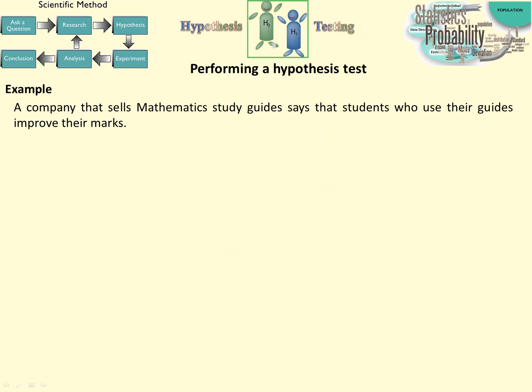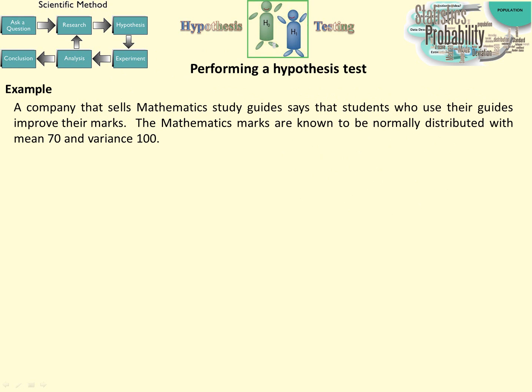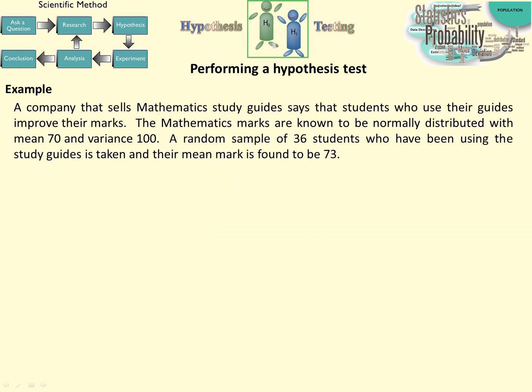A company sells mathematics study guides, saying that students use their guides and improve their marks. Mathematics marks are known to be normally distributed with mean 70, variance 100, in other words, standard deviation 10. Random sample of 36 students, and their mean mark is 73. So 73 versus 70. So we look at that and we'd say, well, is that significant?